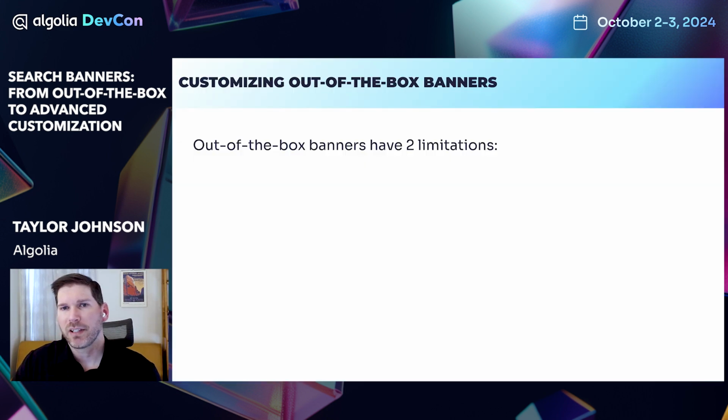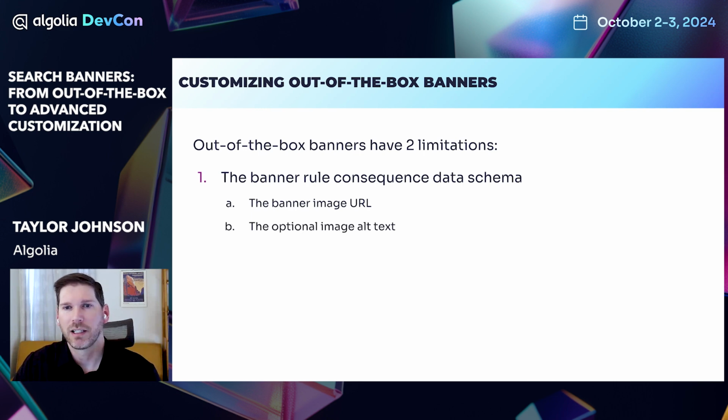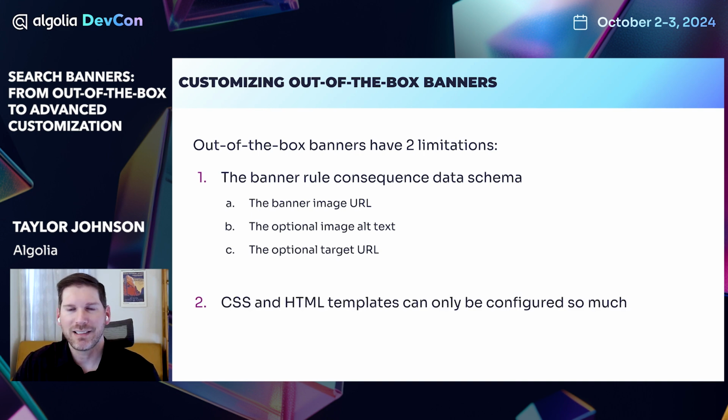But out-of-the-box banners do have two limitations. The banner data schema is narrowly defined with the three parts we spoke of: the image URL, optional image alt text, and the optional target URL. And CSS and HTML templates can only be configured so much.